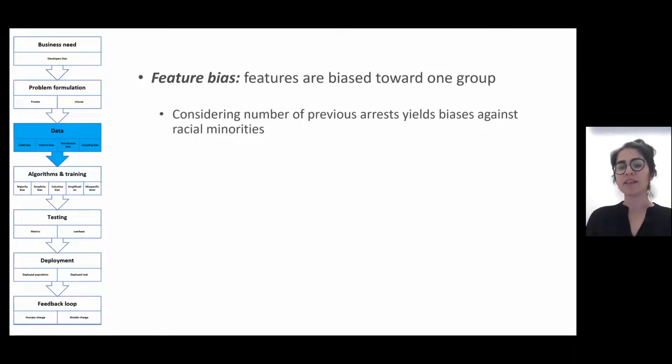For this model, the number of previous arrests is actually a very predictive feature to predict if the person is going to reoffend or not. But the number of previous arrests is biased against racial minorities. It's been shown that for the same amount of illegal drugs, it's more possible that racial minorities get arrested in comparison to whites.